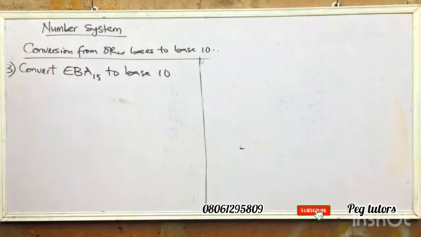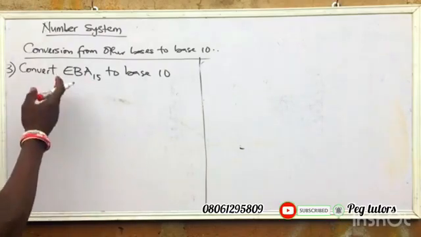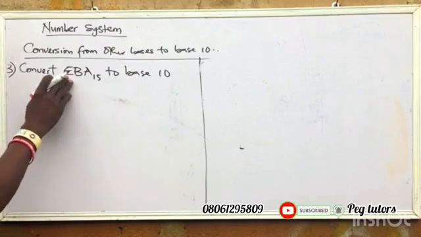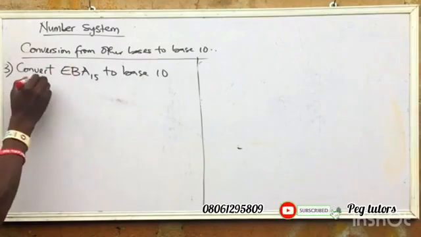So we are asked to convert EBA. I know the sound of EBA makes you laugh. Anyway, let's convert EBA base 15 to base 10. You know E is 14, so this can exist. Now let's go.